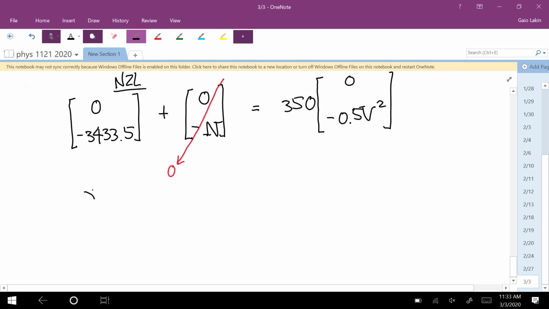The x equation doesn't give us anything, but the y equation says negative 3433.5 is equal to negative 175 v squared.